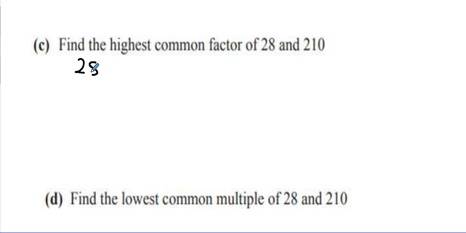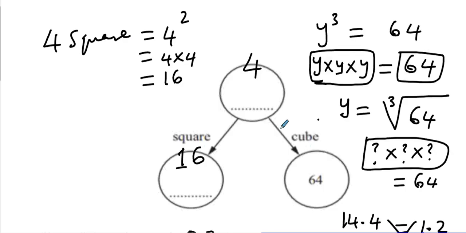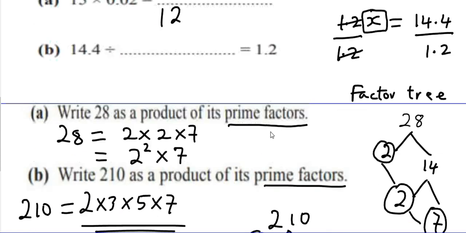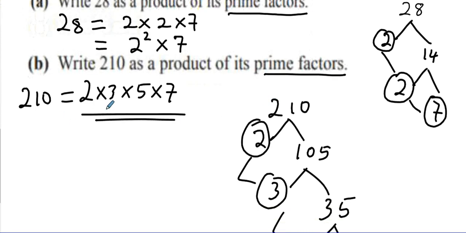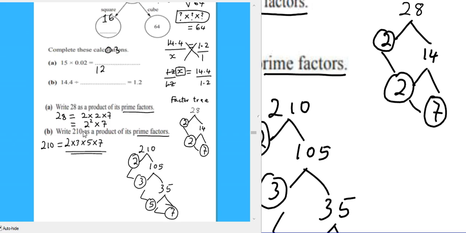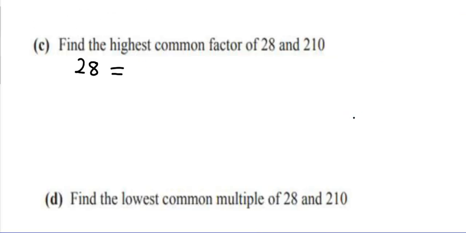We have 28. We said that this equals, let me check over here. 28 is 2 times 2 times 7, and 210 is 2 times 3 times 5 times 7. So we can use that. But maybe some few students might not have understood, so let us redo them again. 28 divided by 2, we said this is 14, divided by 2, this is 7.